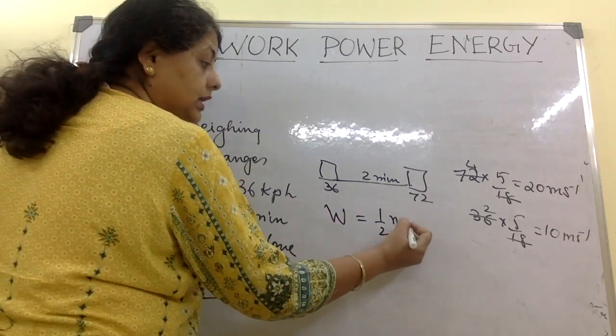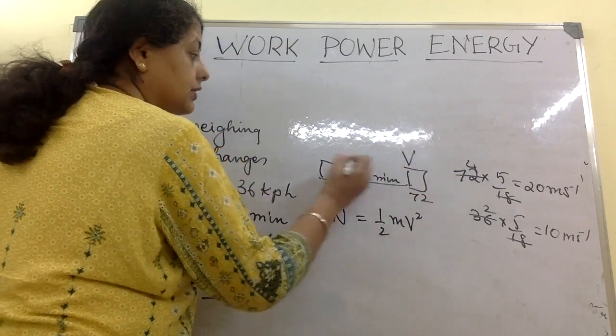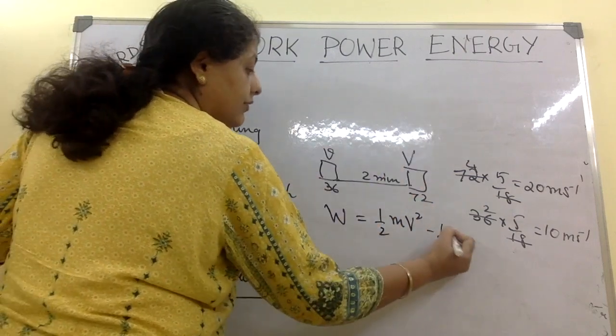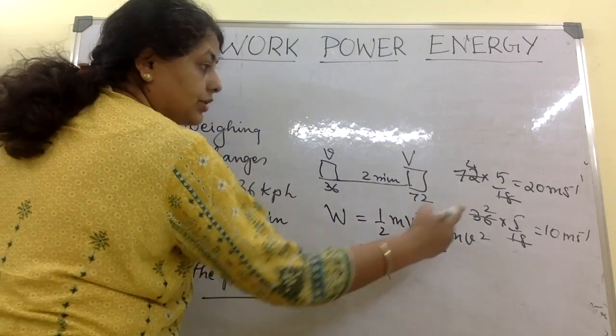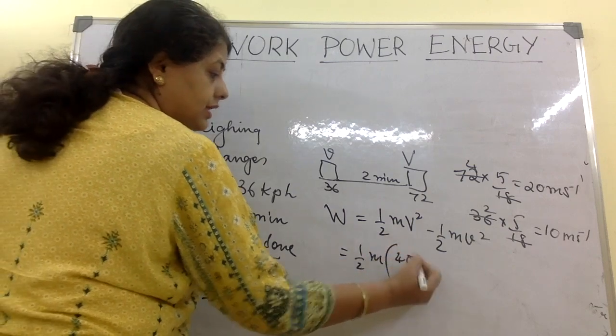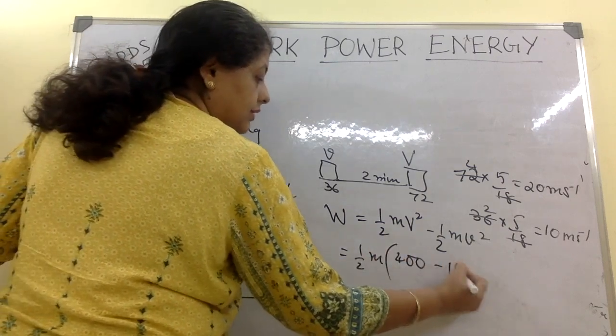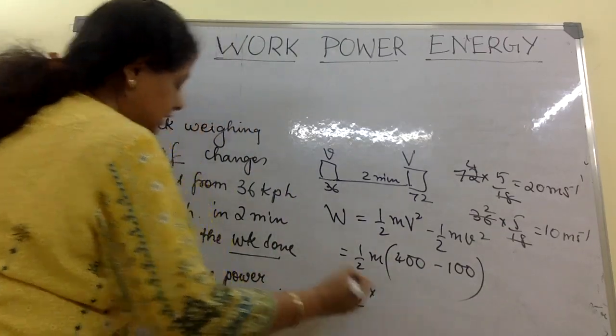Half m v square, let me take this v here, this is small v, minus half m small v square. Half m, now here it is how much? 400, straight away v square minus 100, right? And half m is how much?